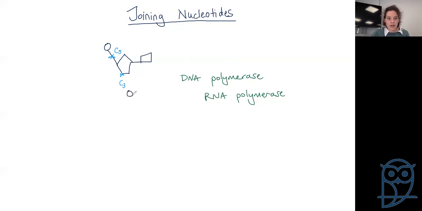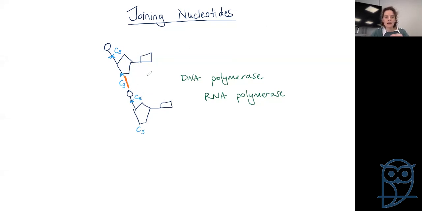So we would have another molecule sitting underneath, okay, with also its C5 and C3. And our bond that's going to form is going to be here.